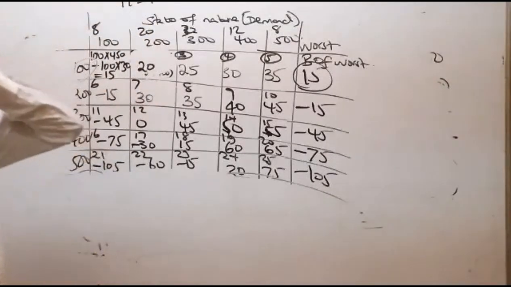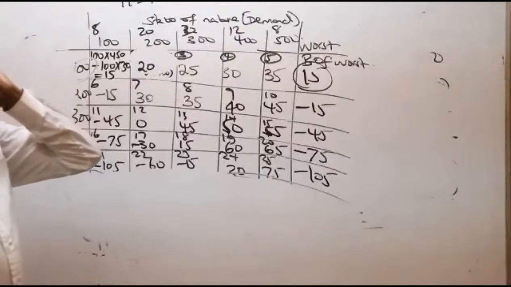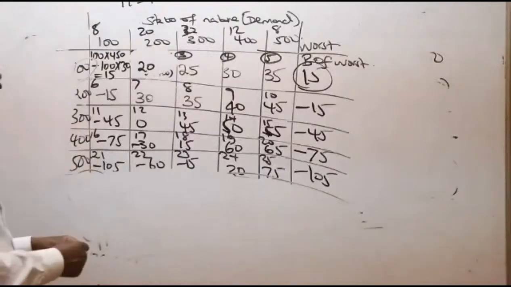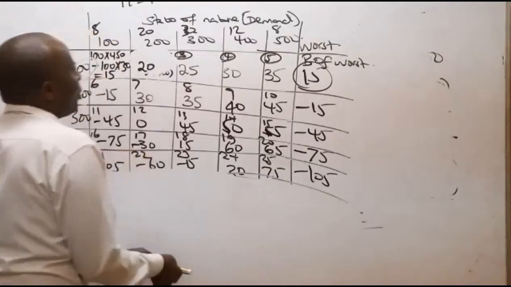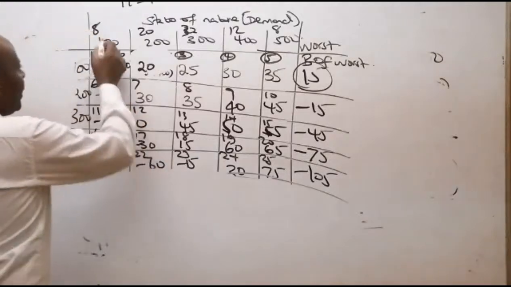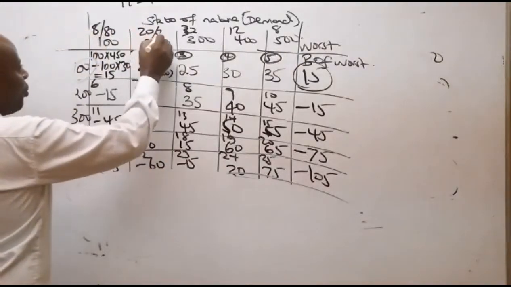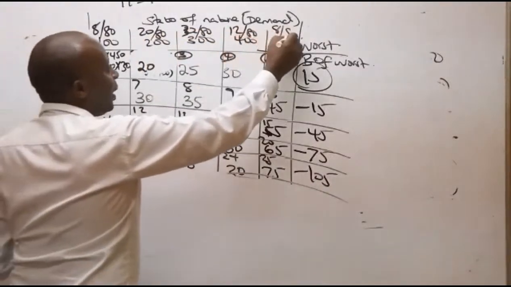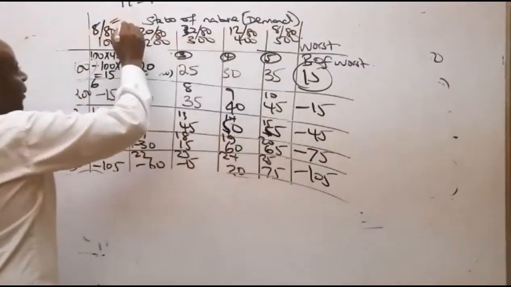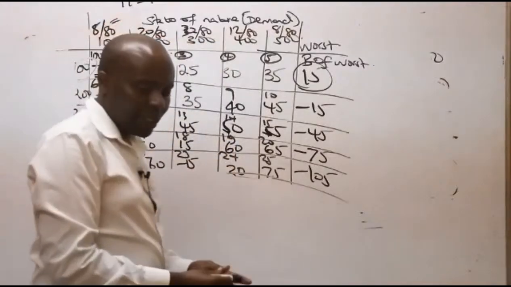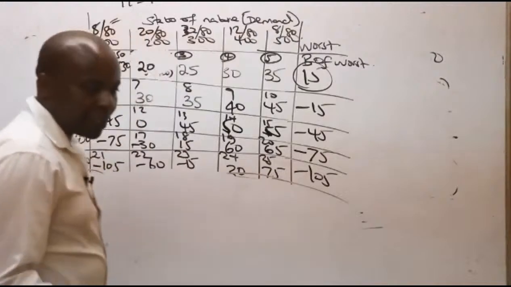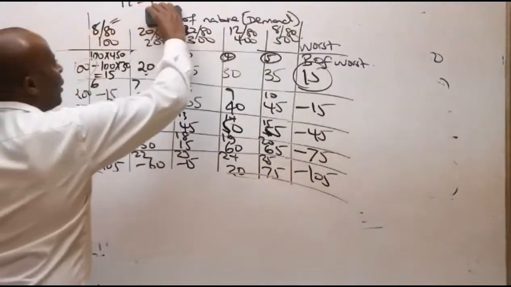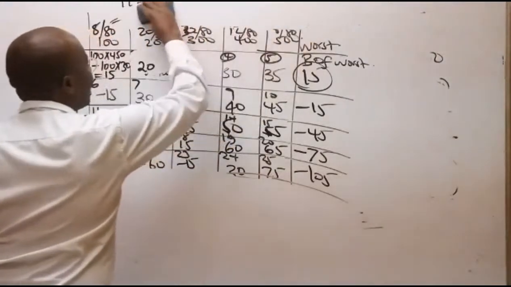Add the frequencies of sales, divide each frequency by 80. So the total is 80. Then I'll take 8 over 80, 20 over 80, 32 over 80, 12 over 80, 8 over 80. So please give us figures here.